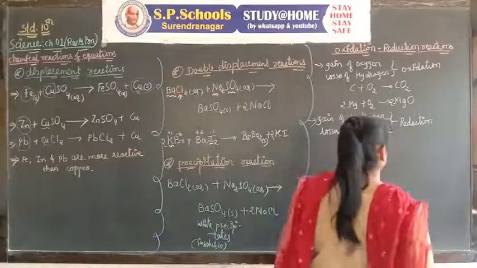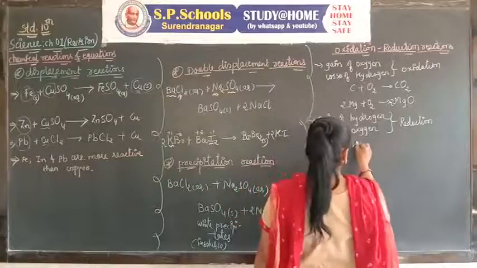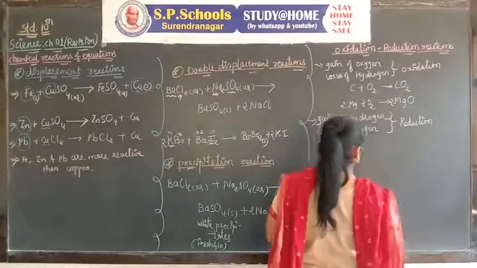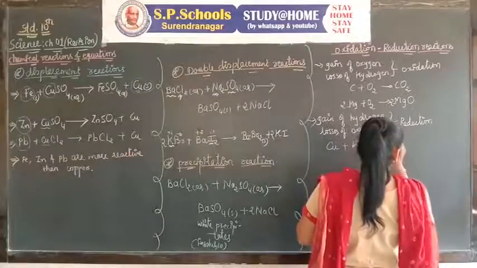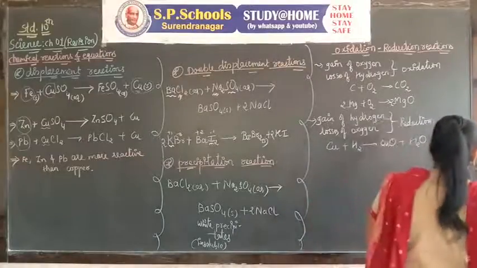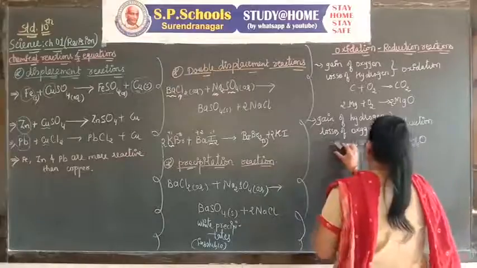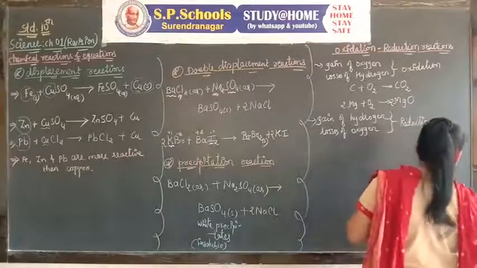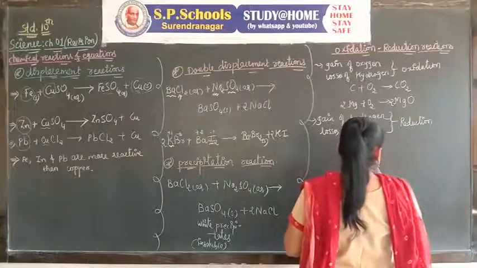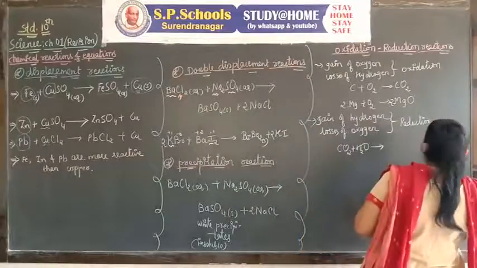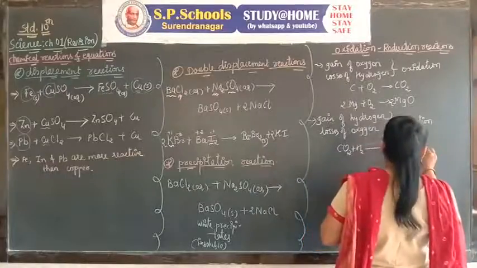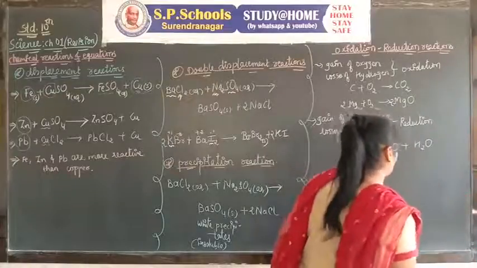Let's see some examples of reduction reaction. If copper oxide reacts with hydrogen, CO2 reacts with hydrogen H2, the formation of carbon monoxide plus water can occur.